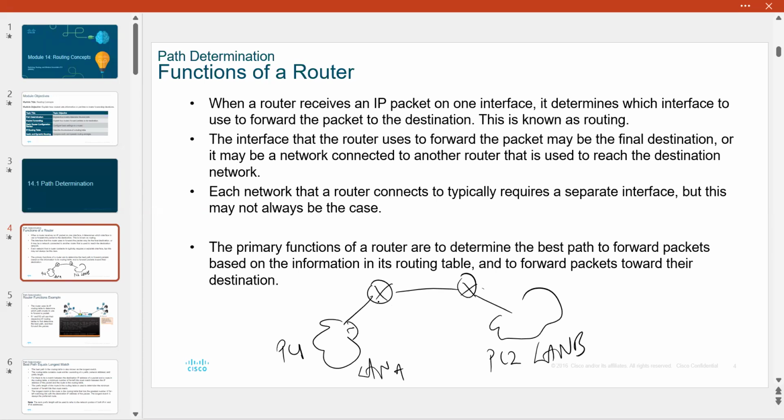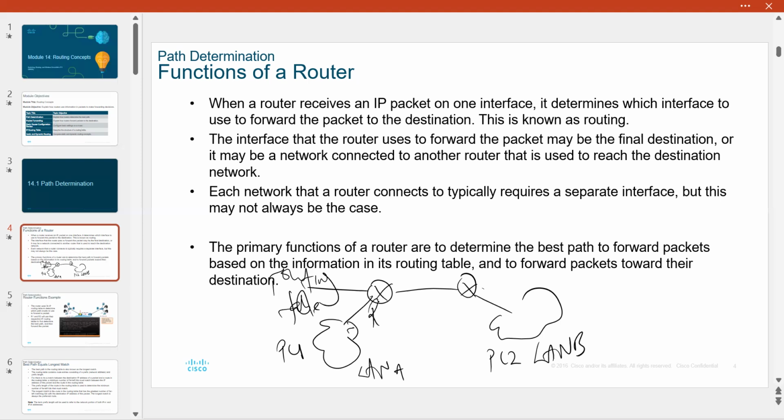It can be static, it can be dynamic. If we look at the routing table, that is where we can see which routes are defined and configured.